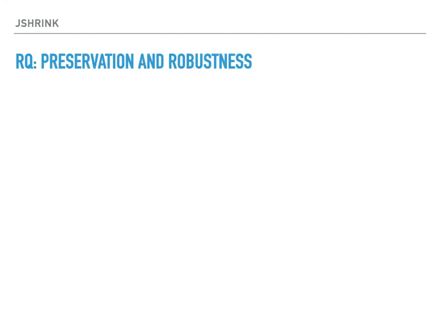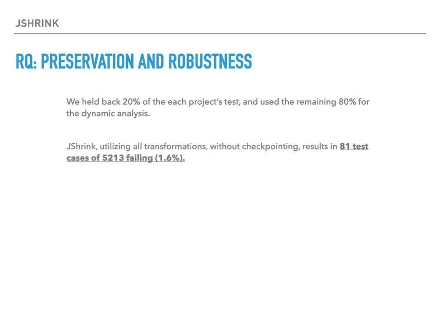Preservation and robustness. We held back 20% of each project's tests and used the remaining 80% for the dynamic analysis. JShrink, when utilizing all transformations without checkpointing, results in 81 test cases of the 5,213 failing, or 1.6%.